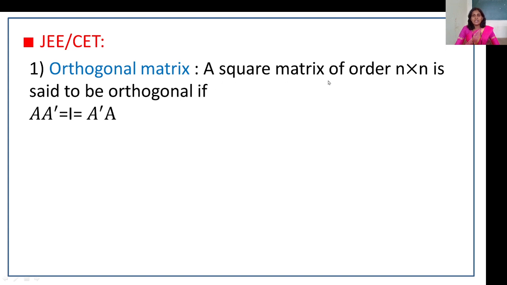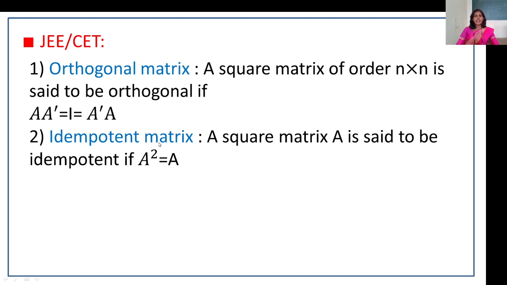A square matrix A of order n by n is said to be orthogonal if A A dash is equal to the identity matrix, or A dash into A is equal to the identity matrix. If we multiply the matrix and its transpose and get an identity matrix, then this matrix is called an orthogonal matrix.